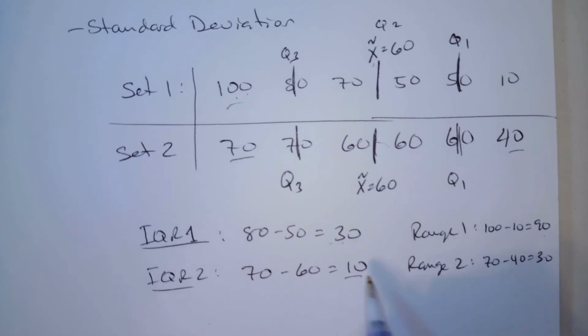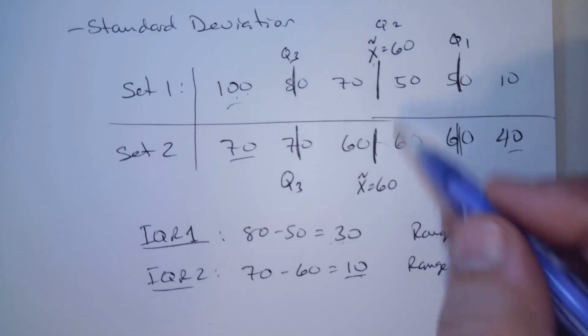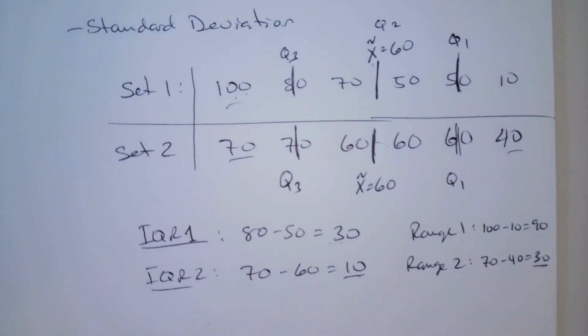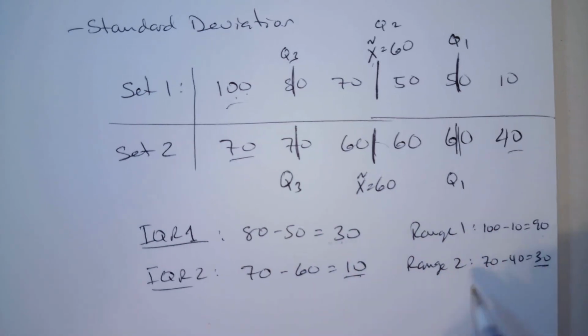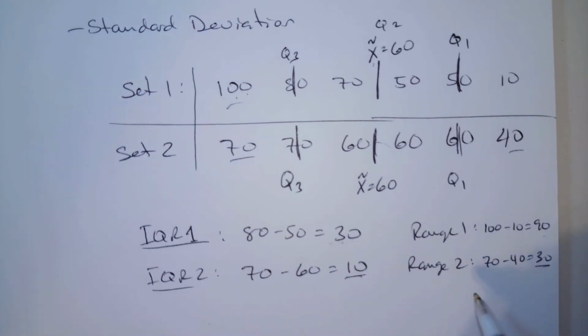The other one is more condensed. The range is only 30 units wide, and the IQR is only 10. They both have the same averages, the same medians, so we have to go now to these other measures. So group 2 is more stable because it's more condensed, more compact.